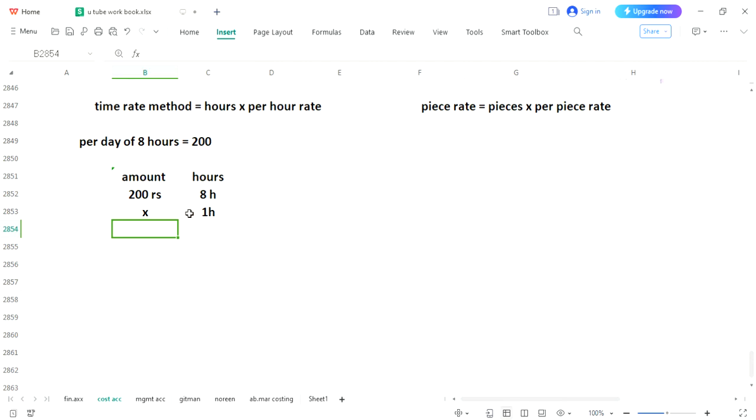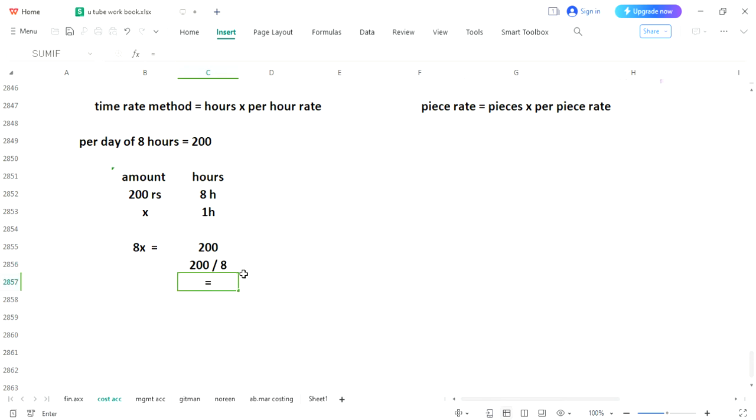Cross multiplication, simple procedure. 8 would be multiplied with x, and on the other hand 200 would be multiplied by 1. You want to take this 8 to the opposite side. Here it is multiplied; when you take it to the opposite side, it would be divided.